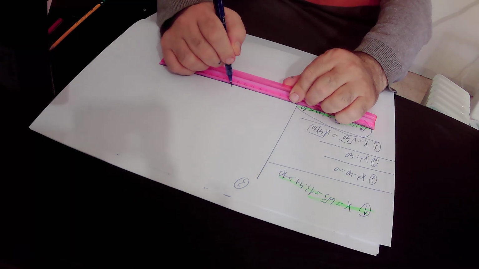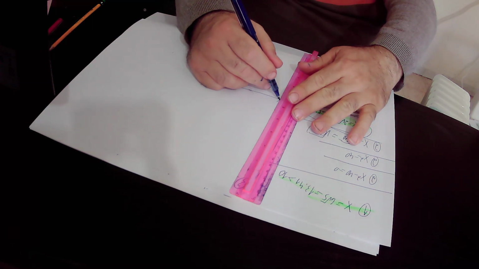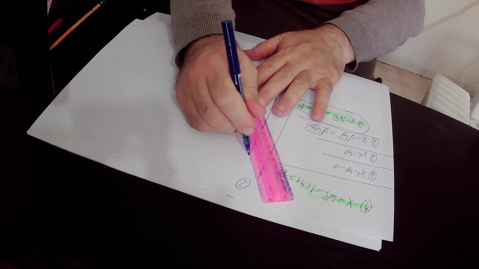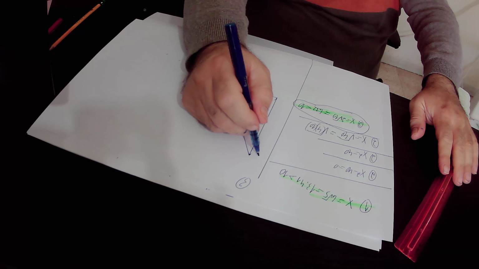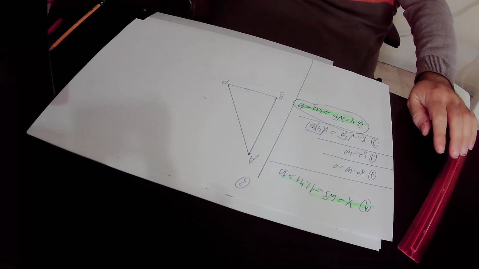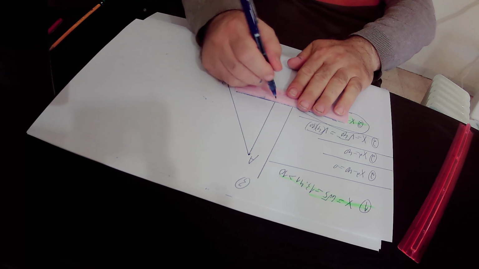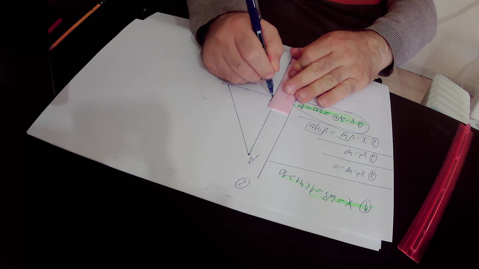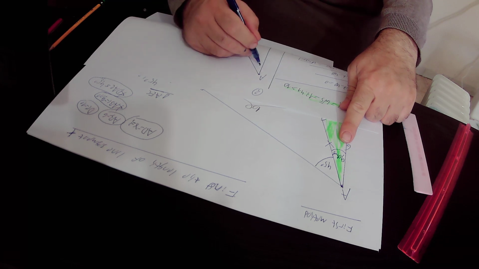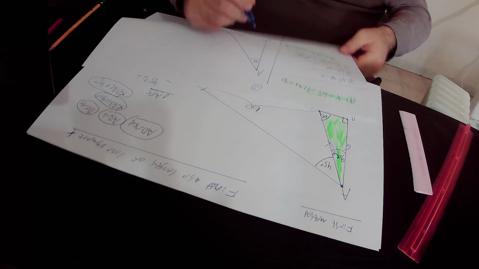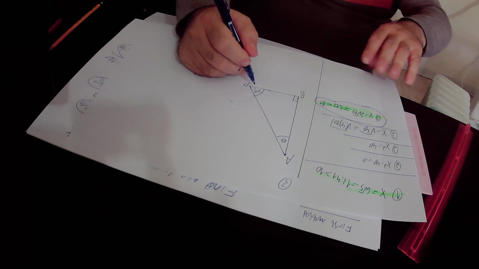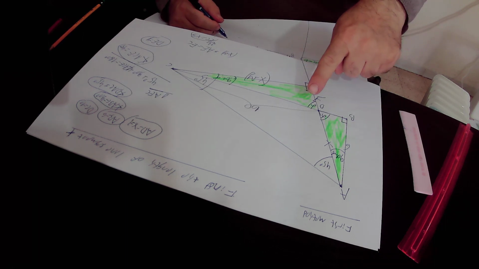So we have first of all the right triangle ABD. We define this angle as theta. This angle equals alpha. And we also have triangle ADC.